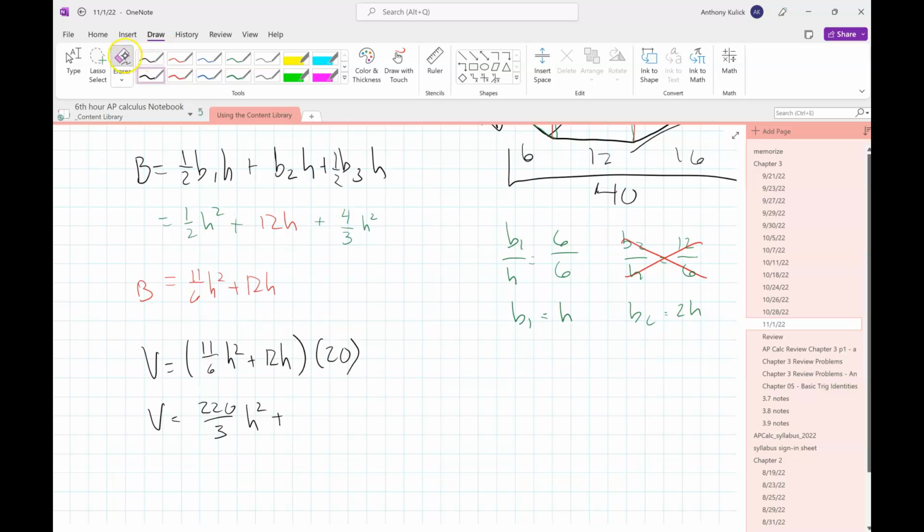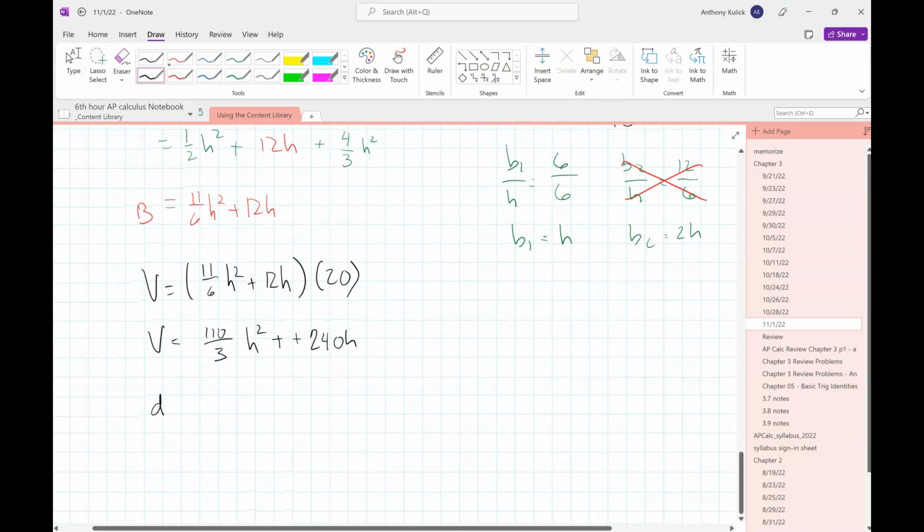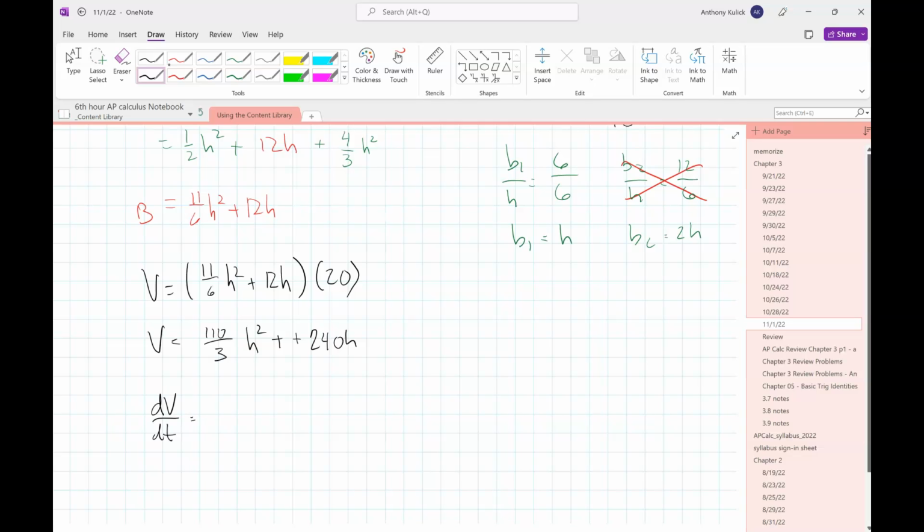So just make that 110/3 then, plus 2400H. Okay. dV/dt is equal to, I like this better now, right? 220/3 H plus 24 or 240 dH/dt.